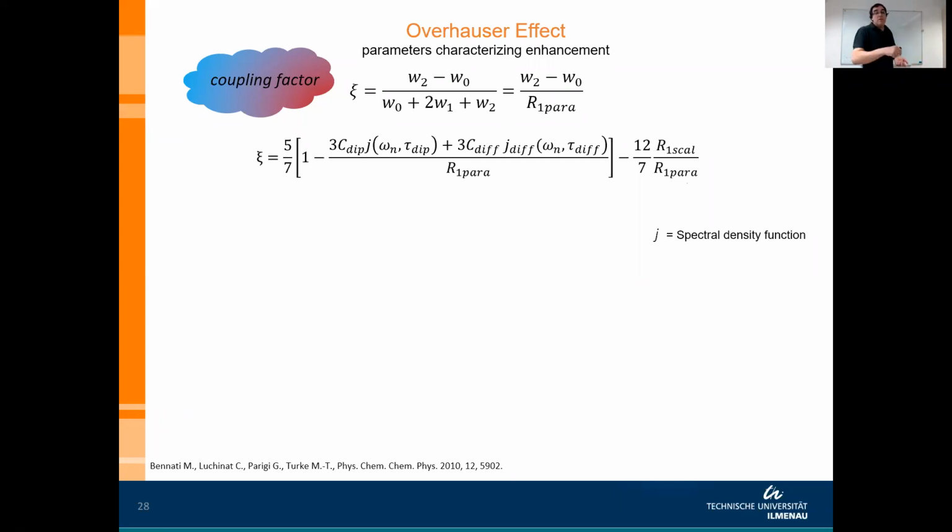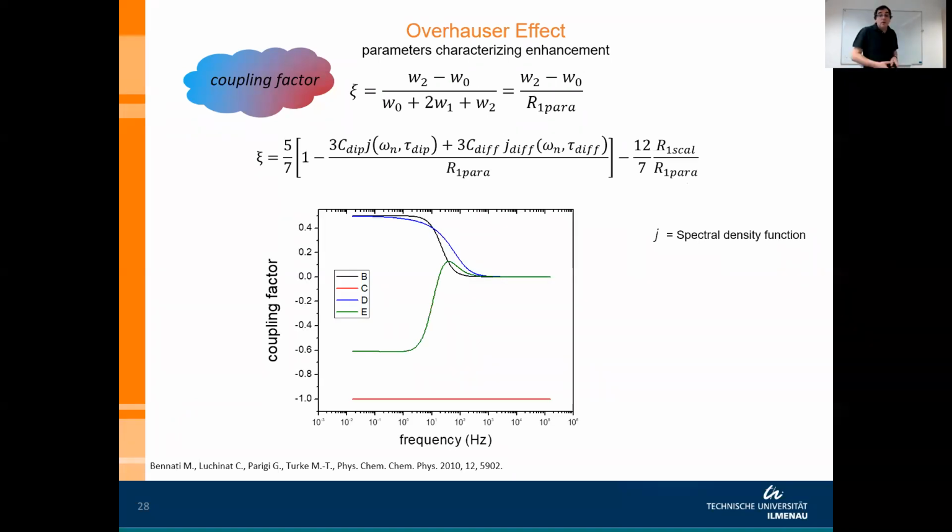And then you see the coupling factor here is a combination of rotational dynamics and diffusional dynamics, and also of the scalar interaction here. This is a typical curve, and sorry for this ABCD here, I don't know what happened. But basically the red line is the scalar contribution. You see that the maximum goes to -1, and it is not dependent on the magnetic field.